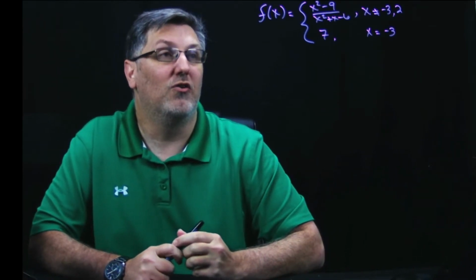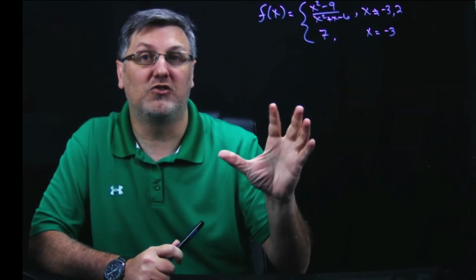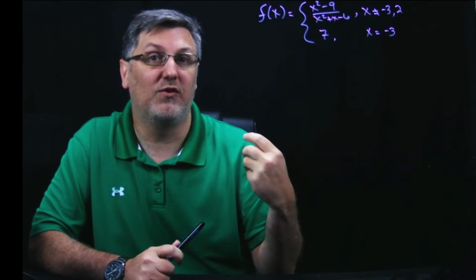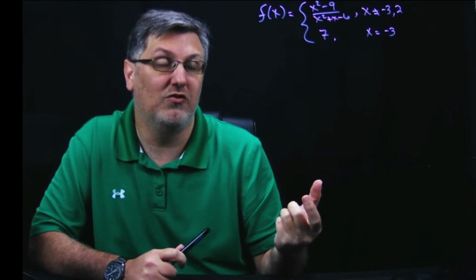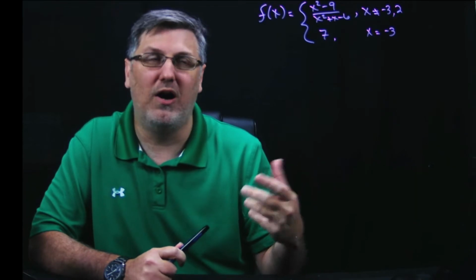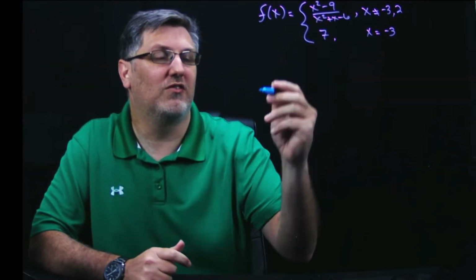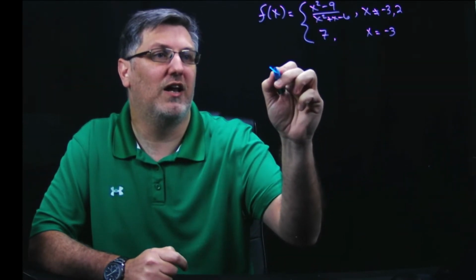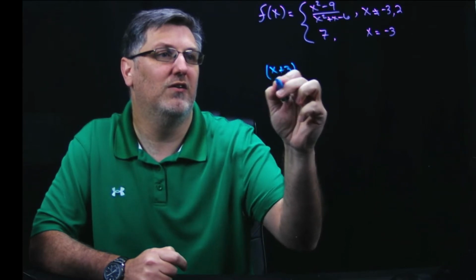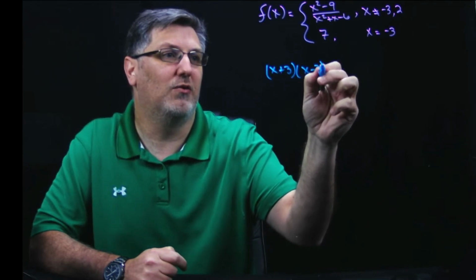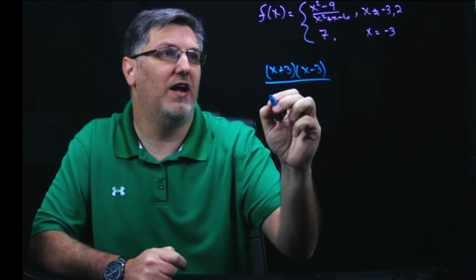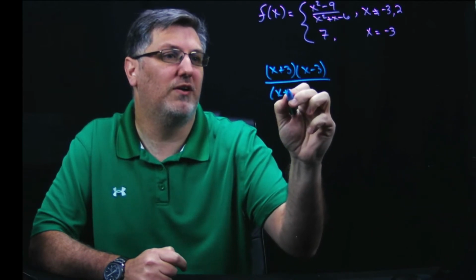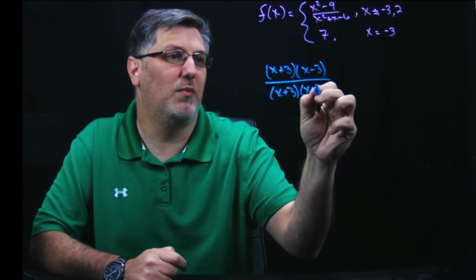All right, so let's look at this function from the standpoint of continuity. Let's find some x values where it's not continuous, and let's figure out why. The first thing I'm going to do is take this top part and factor it. So I've got x plus 3 times x minus 3, over x plus 3 times x minus 2.